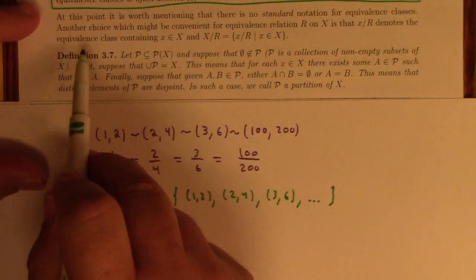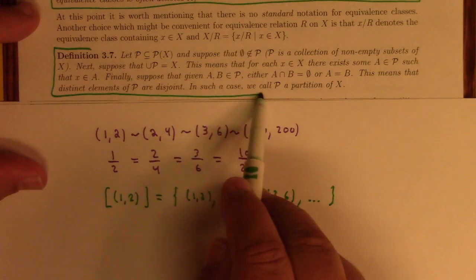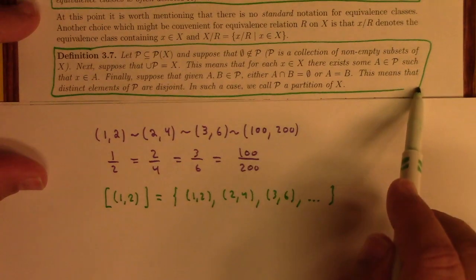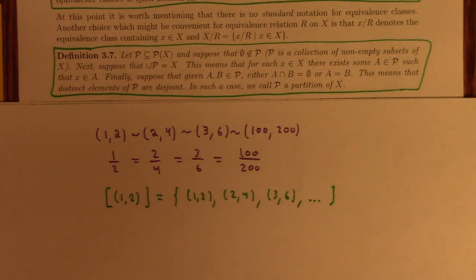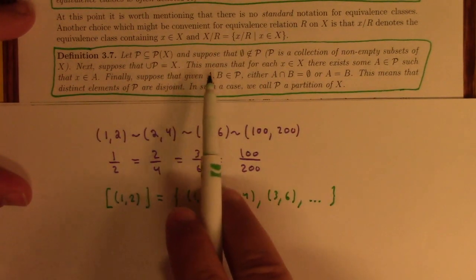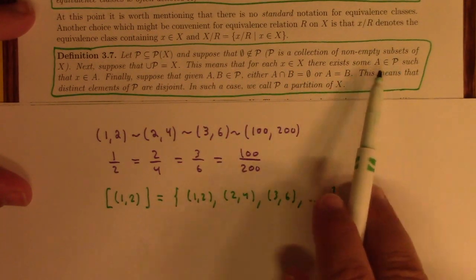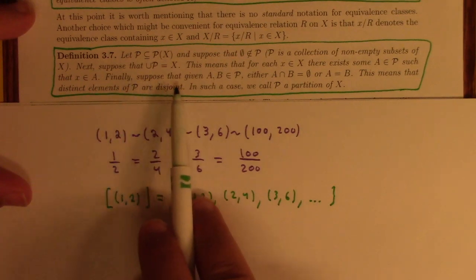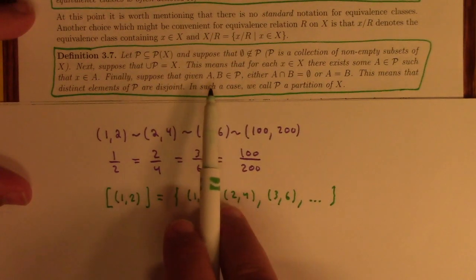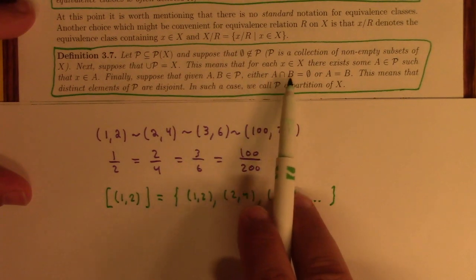Definition. If we have a subset of the power set, in other words, a set of subsets P, and supposing that they're all non-empty, in other words, the empty set is not an element of P. And also, if the union of sets in P covers X, that means that for any point x in X, there's some A in P such that x is an element of A. And we also assume that if you pick any two subsets in P, then they're either disjoint or they're equal.